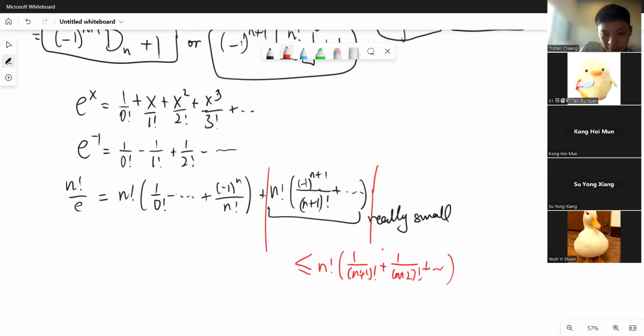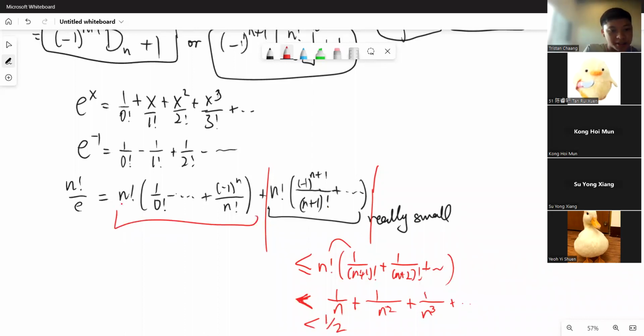Which is also strictly less than 1 over n plus 1 over n squared, and then 1 over n cubed. You can bound this like this, and this will eventually be less than 1 over 2.